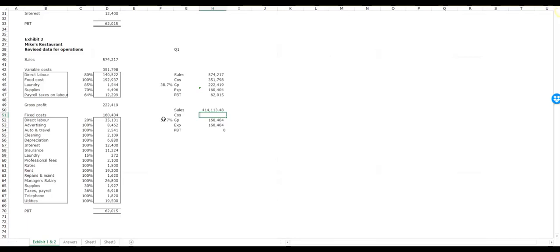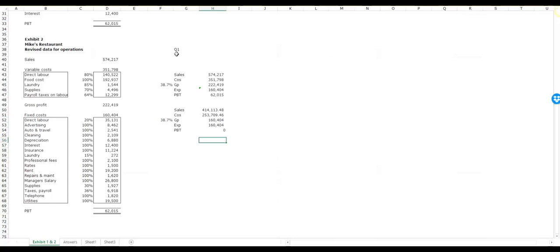And then let's calculate a cost of sales by saying sales minus gross profit, and we will have a cost of sales number, and that's just for completion purposes. Now we have calculated the break-even required for this business. Question 1, part 1, answered.